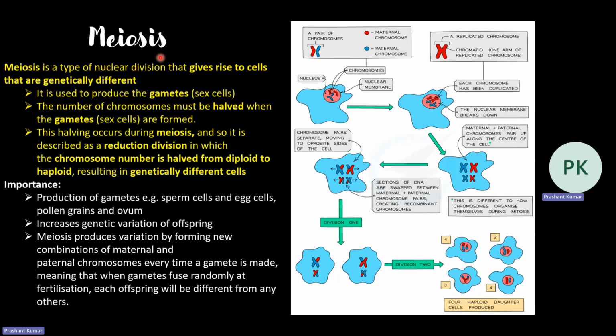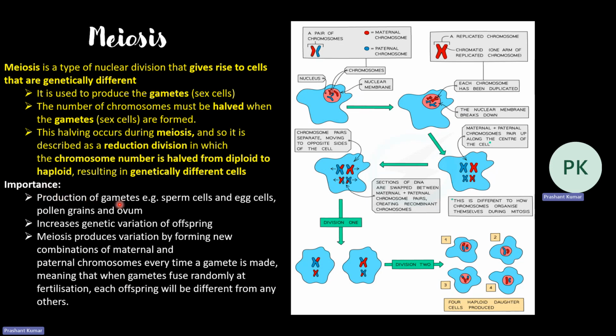Meiosis is a type of nuclear division where you will get genetically different organisms, not like mitosis. And the number of chromosomes will be half here. This halving occurs during meiosis, and so it is described as a reductional division, right? Why is it important?